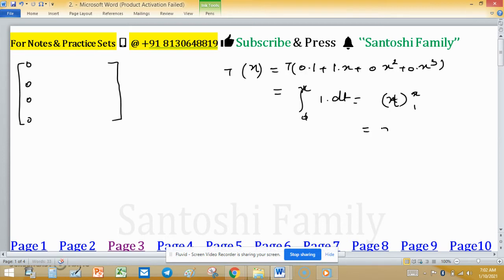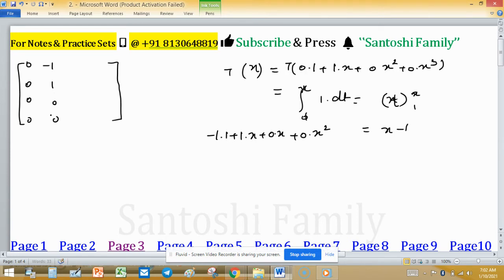So it will become x minus 1, and x minus 1 can be written as minus 1 into 1 plus 1 into x plus 0 into x square plus 0 into x cube. So the second column is minus 1 1 0 0.